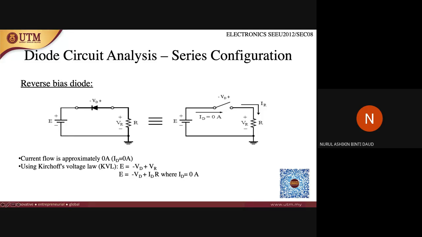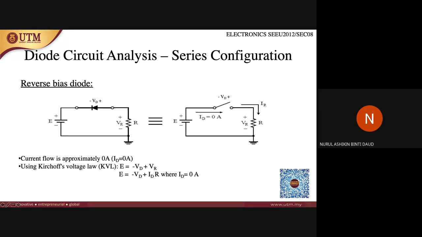Using the Kirchhoff voltage law, E is equal to minus VD. This is because the diode is working under reverse bias condition, that's why it is minus. So E equals minus VD plus VR, and VR is also IDR, right?